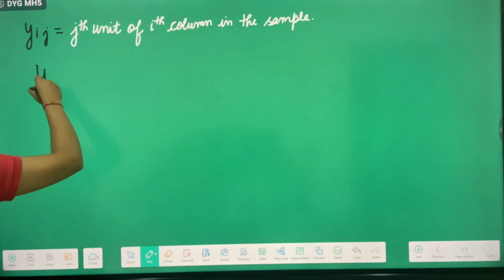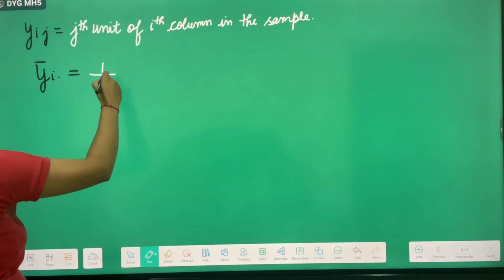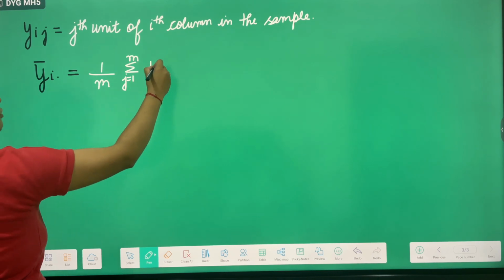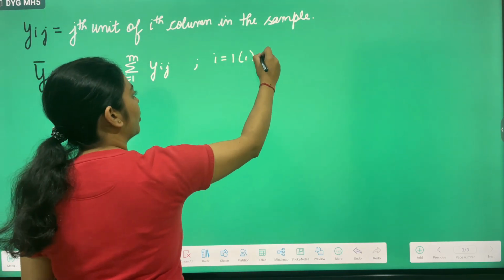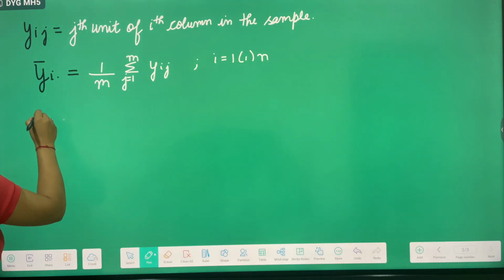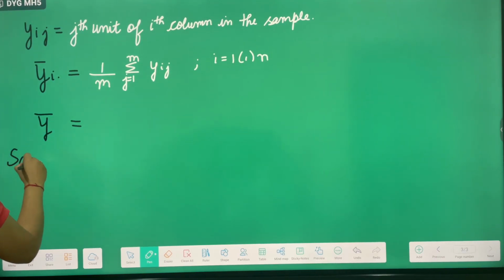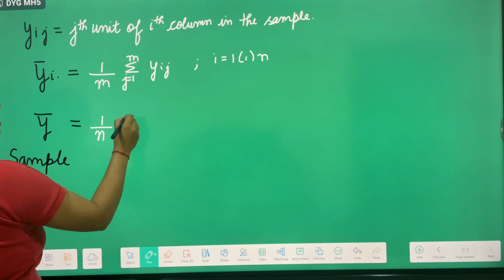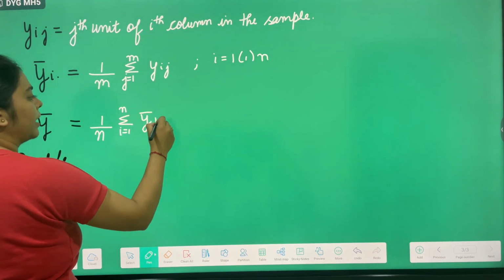Then y bar i dot is 1 upon m summation j goes from 1 to m yij, where again i goes from 1 to small n. Then y bar, which is the sample mean, can be written as 1 upon n summation i goes from 1 to n y bar i dot.